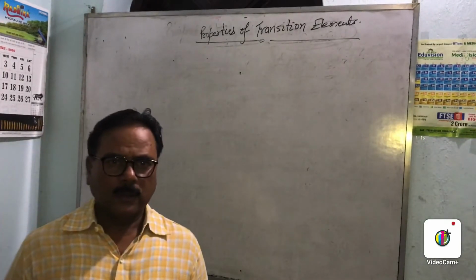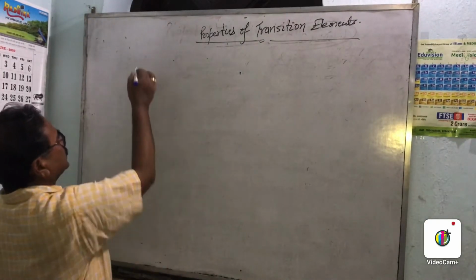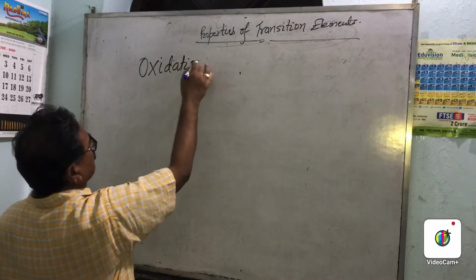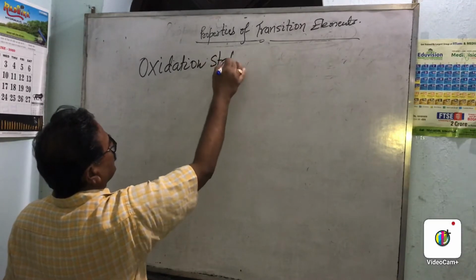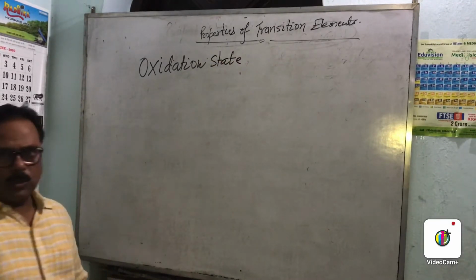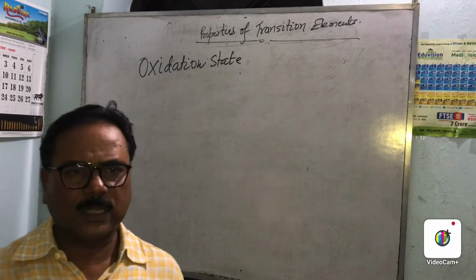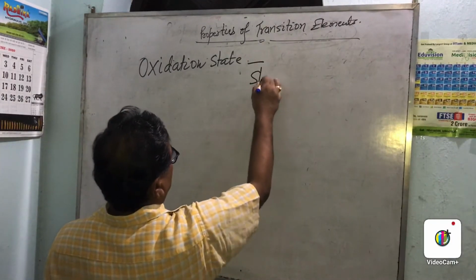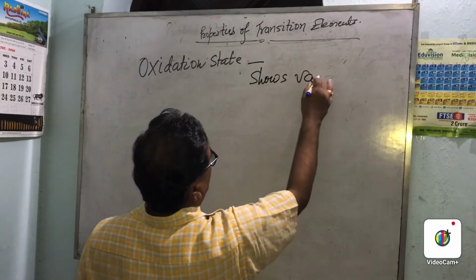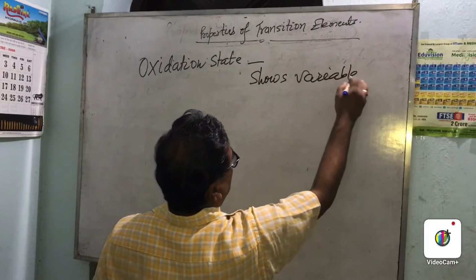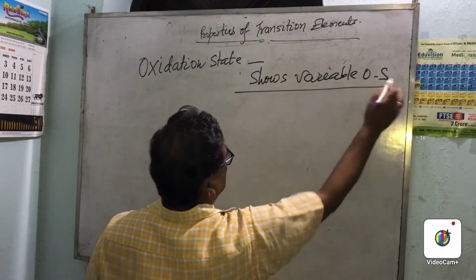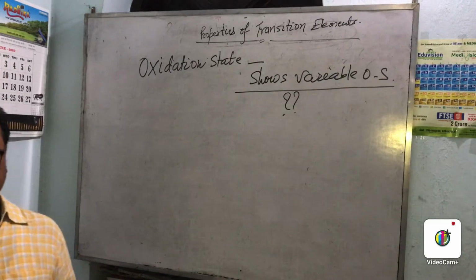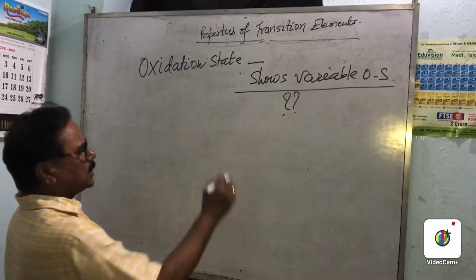Now the other topic is oxidation state. Oxidation state is very important for the transition elements. Why? They show variable oxidation states. Question: why do they show variable oxidation states?